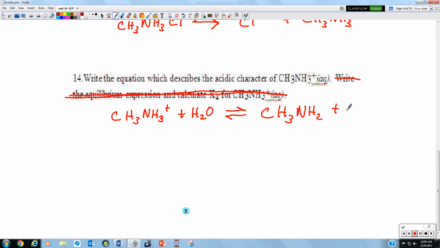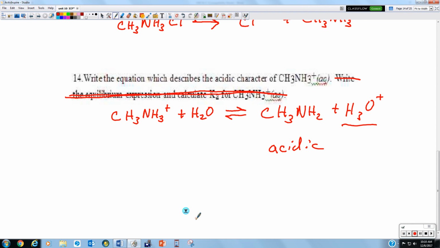And then H3O becomes positive. So after this reaction, the overall solution has a higher presence of H3O, so that means it's going to be acidic. So it produces acid in solution.